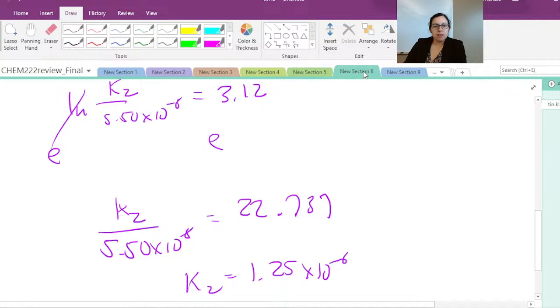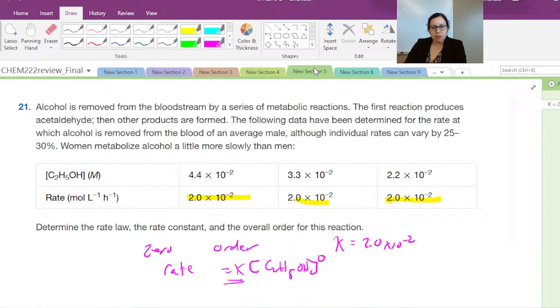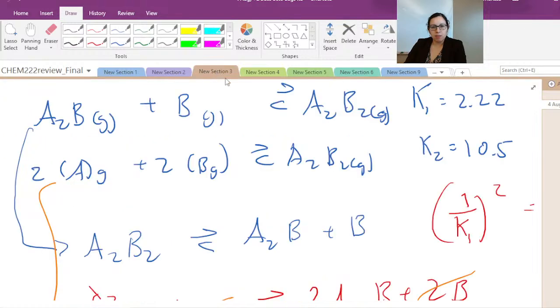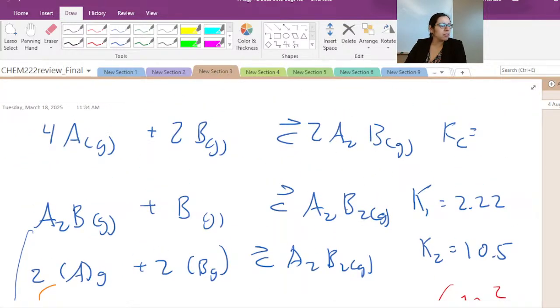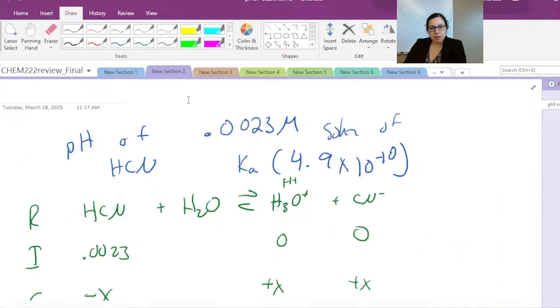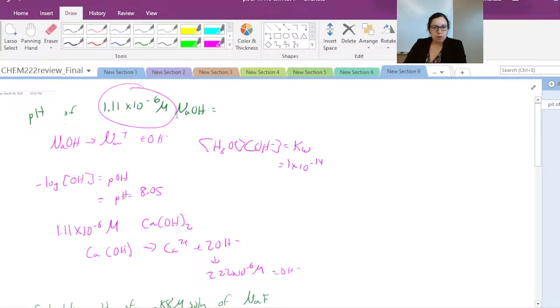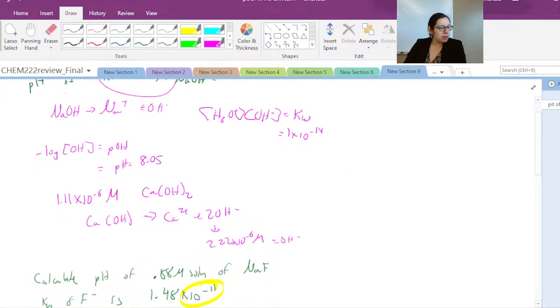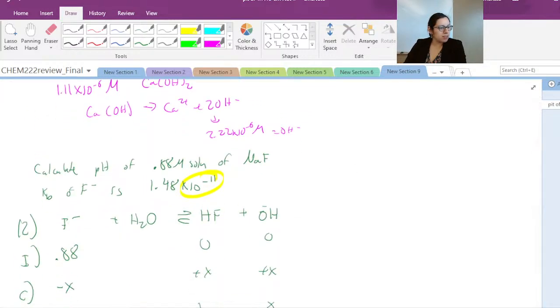There'll be one where we have to find the equilibrium constants by manipulating the equations, like this one. So expect to see one like that. Expect to see pHs of both weak acids and potentially strong bases, and writing rate law expressions for reactions. Hopefully it won't be too difficult. I think I dialed it back a hair.